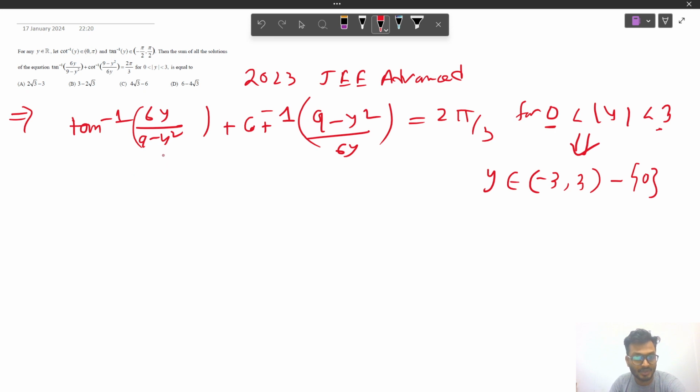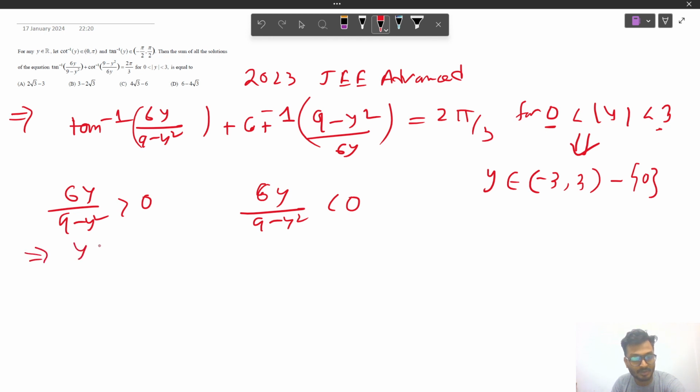In the first case, 6y by 9 minus y square is greater than 0, or in the other case, 6y by 9 minus y square is less than 0, which implies y is less than 0.